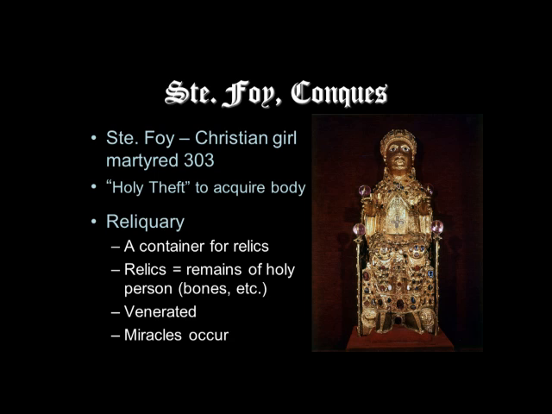Now, how did they get her relics? Well, the relics were owned by another monastery. And so her relics came to Conques by means of what is sometimes called holy theft. First, they negotiated to get some kind of relics for their monastery.